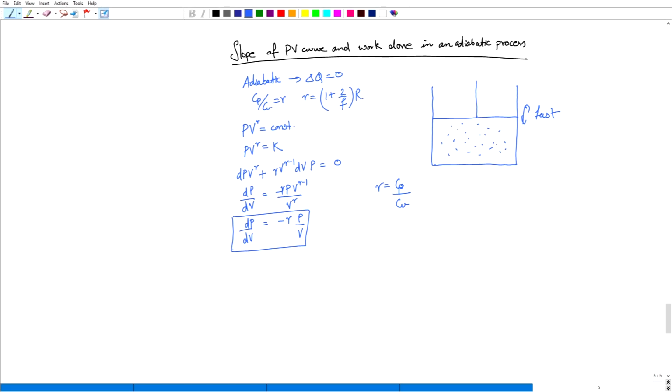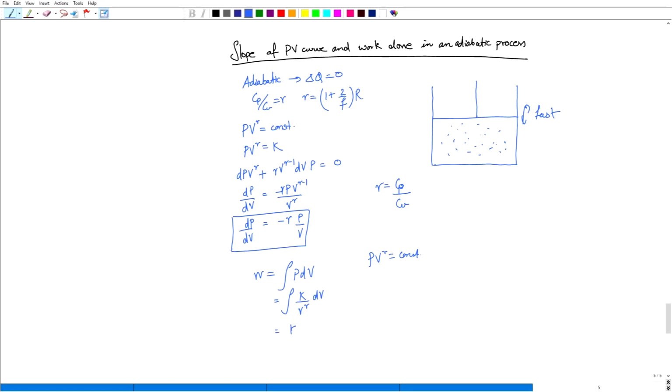Now again we need to calculate the work done. So work done is nothing but W is integral of PdV, and we have PV to the power gamma equals constant. So P is K by V to the power gamma into dV.